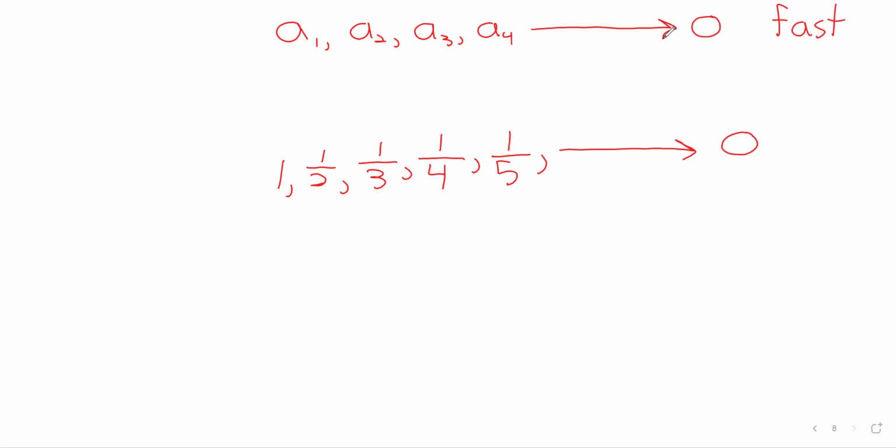If we want these terms to be going to zero, or rather, if we want the series to converge, these terms ought to be going to zero fast. And how can we sort of measure that?